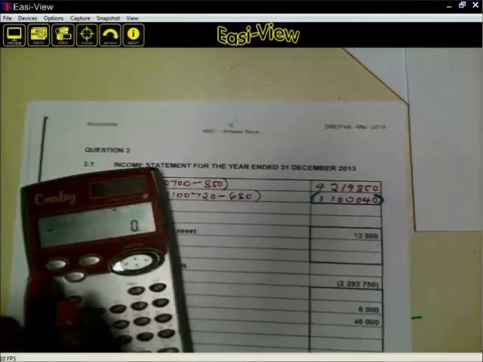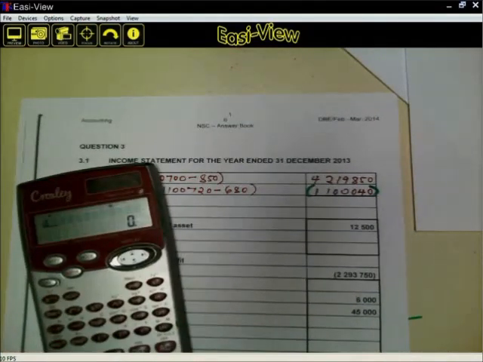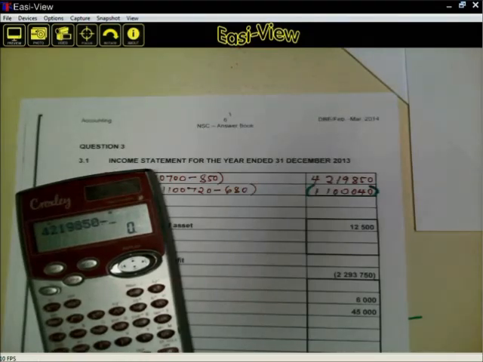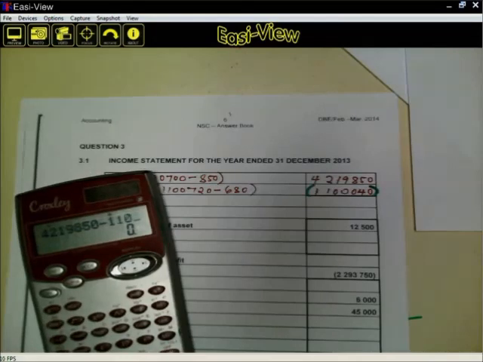Let's check then. We're saying 4,219,850 minus 1,110,040.